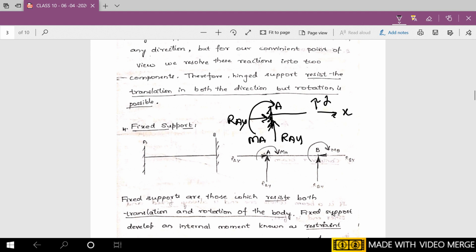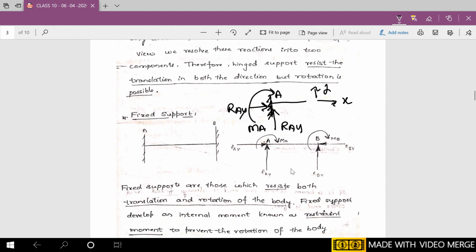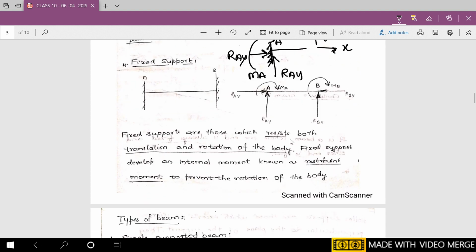Resisting moment MA is given, as well as this beam is fixed supported at the other end B also. So again there will be reaction along y, along x, as well as moment. Correct? So I'll name it in a different way because it is applied on B. So RBY, RBX, and MB. I'll take MB related to the point B.